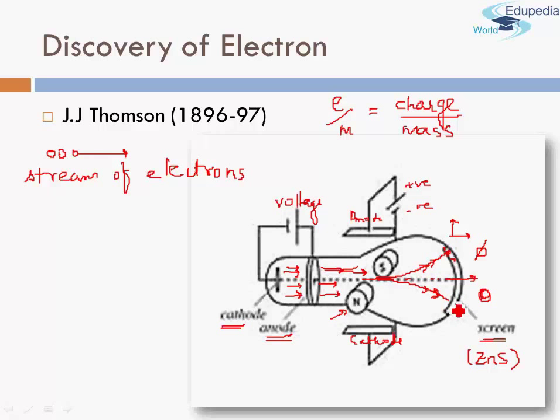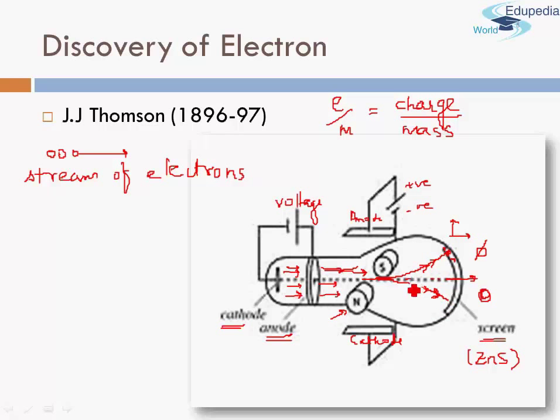So he adjusted the values of these electric and magnetic forces such that the deflection due to both is equal in magnitude but opposite in direction. One pulls it upward, one pulls it downwards, but with the same force.